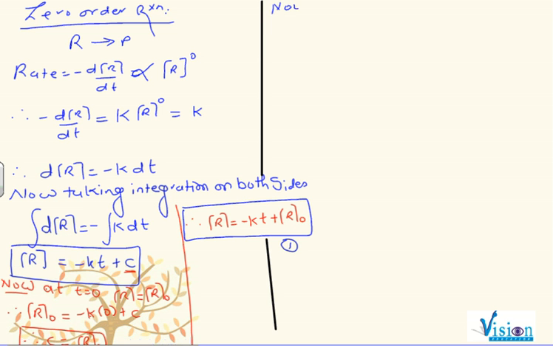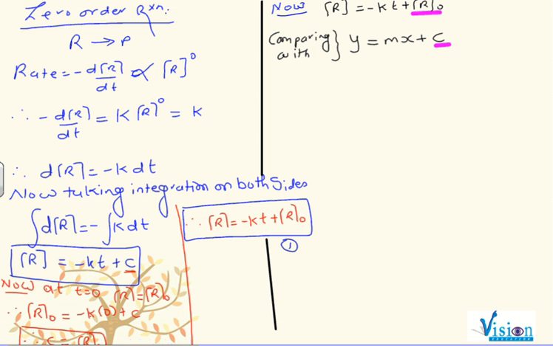Now, we have this: R equals to minus kt plus R0. If we compare this equation with y equals to mx plus c, then we will be able to understand यहाँ पे जो c है, which is y intercept, it represents R0.